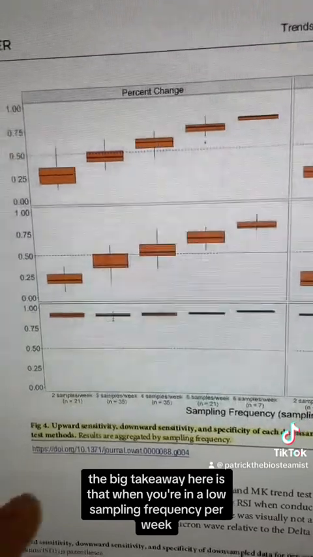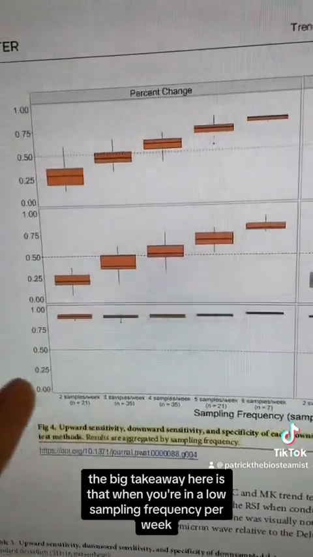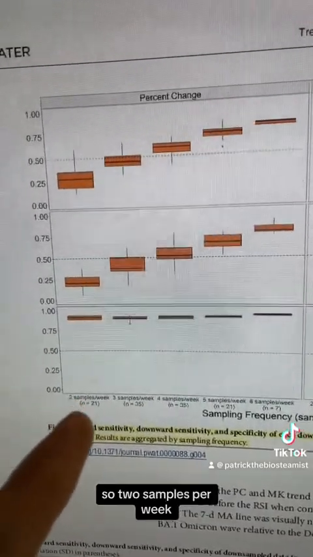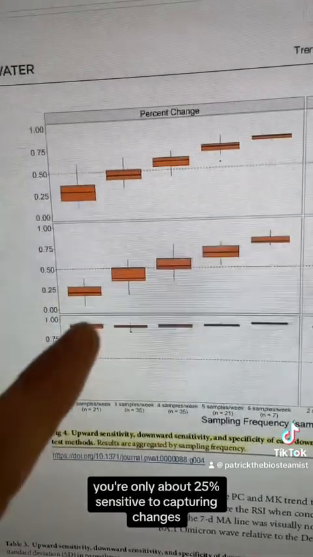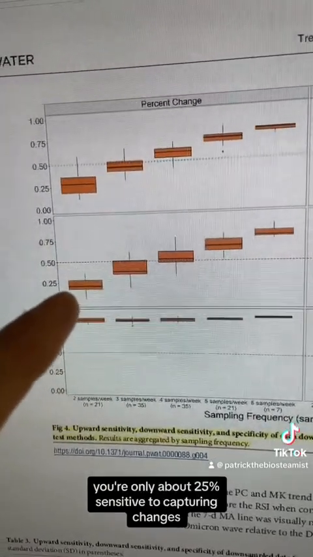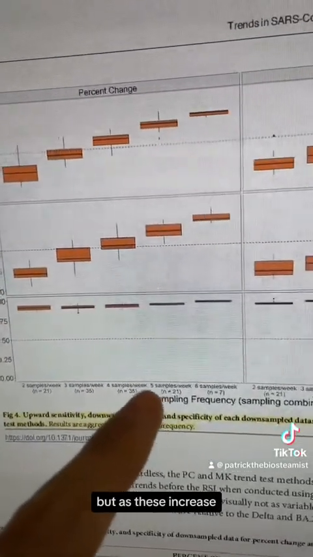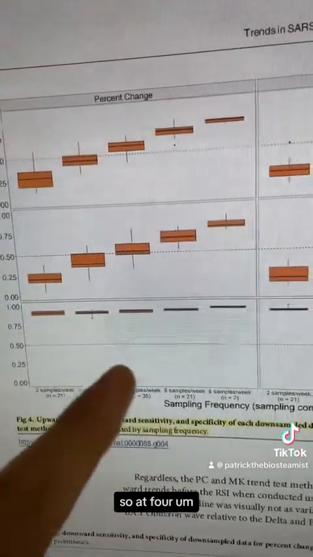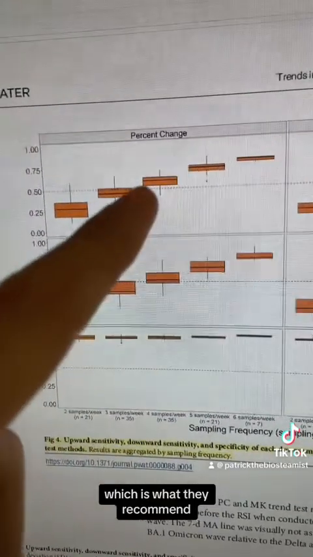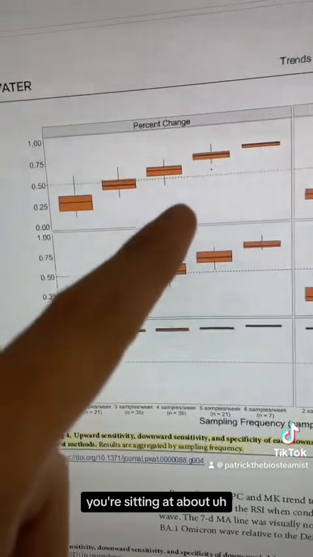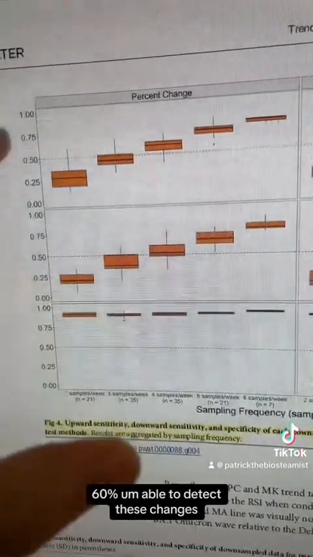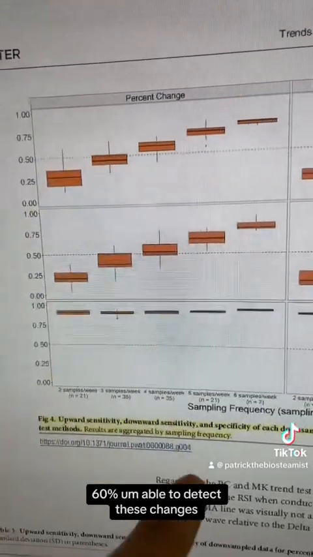Now, the big takeaway here is that when you're at a low sampling frequency per week, so 2 samples per week, you're only about 25% sensitive to capturing changes, but as these increase, so at 4 samples per week, which is what they recommend, you're sitting at about 60% able to detect these changes.